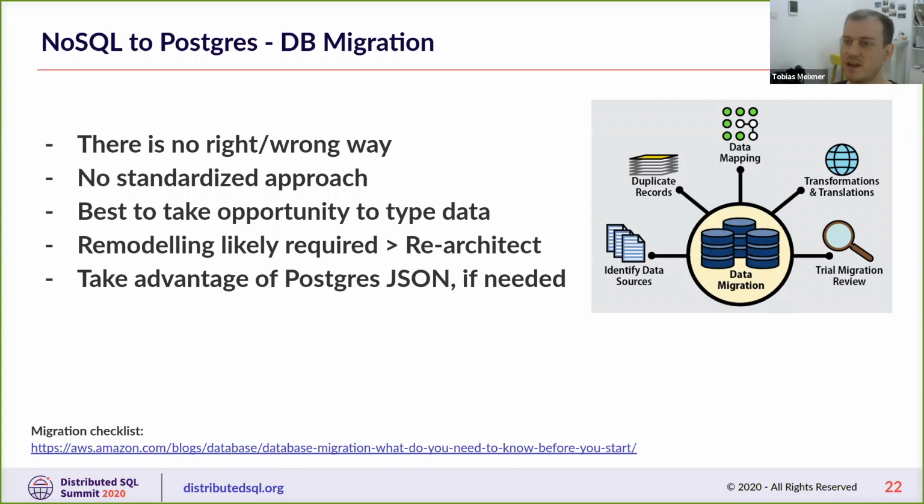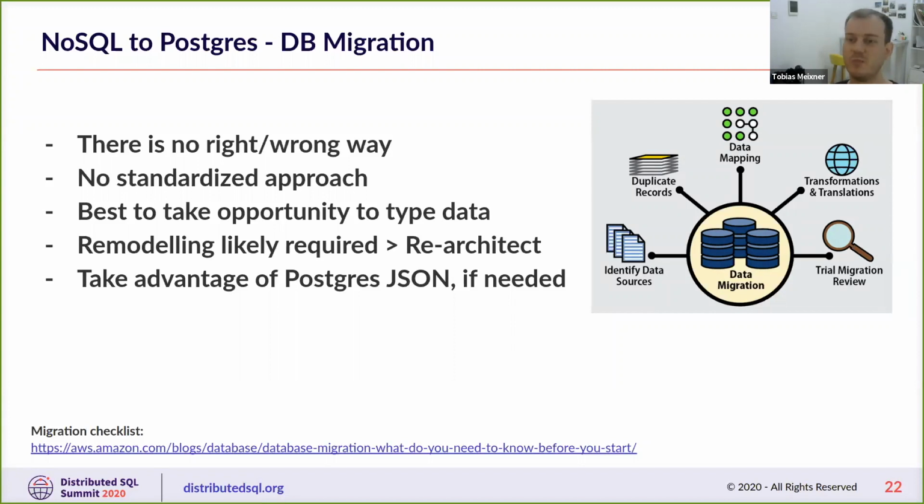And many times the migration path, going from NoSQL to Postgres, is remodeling, which is essentially re-architecting, meaning most likely you will have to make changes in your code as well, to replace your application layer so it connects to the new database, because things will most likely work differently.